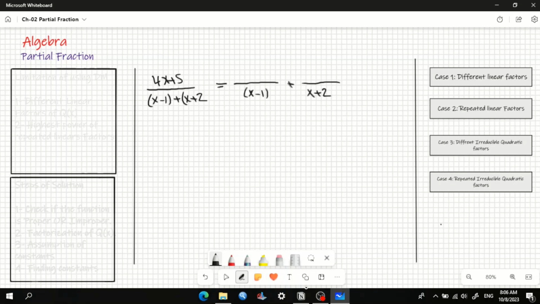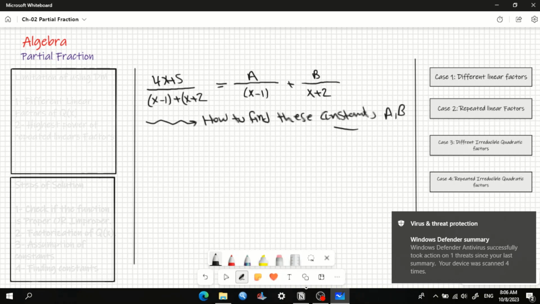Here, I don't know what to write, so let's assume constants b and a. Now how to find these constants, a, b?